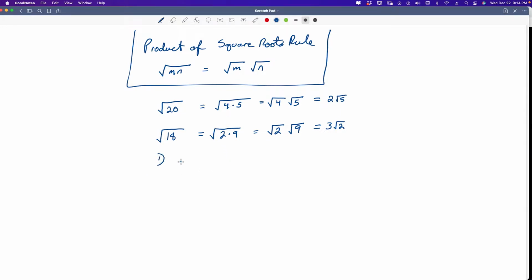Step 1, we factor. Factor what's under the radical, okay? Factor the radical. All right, and then we pull out squares from the factors.